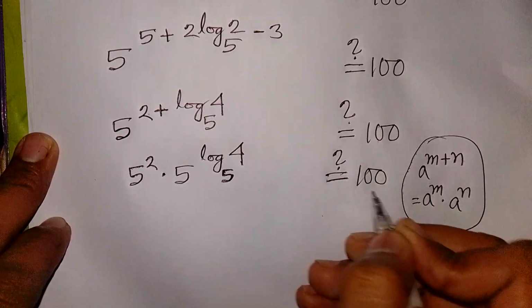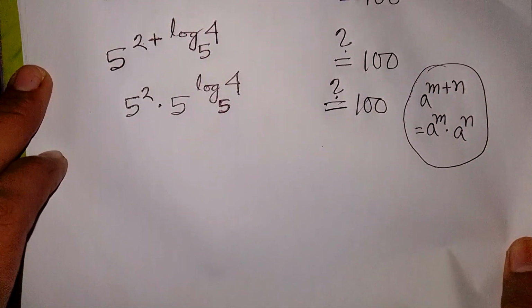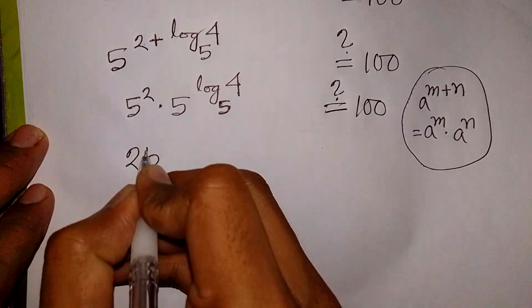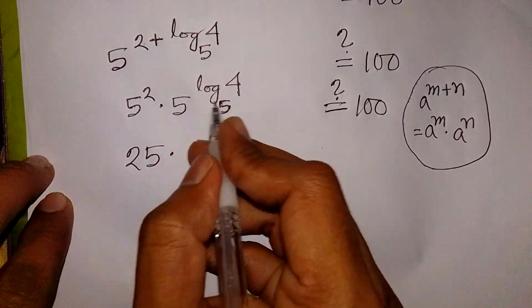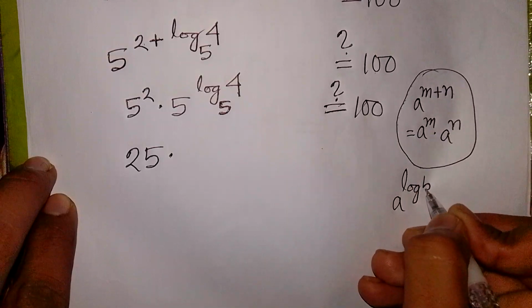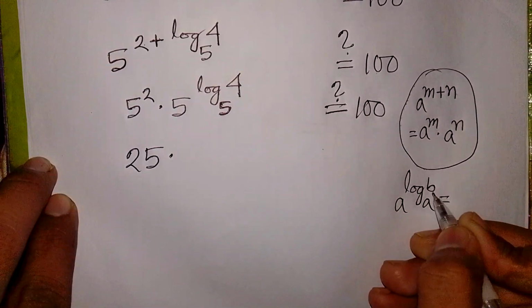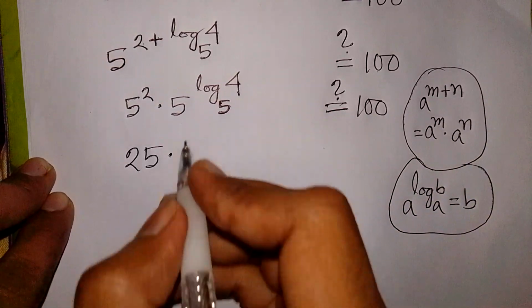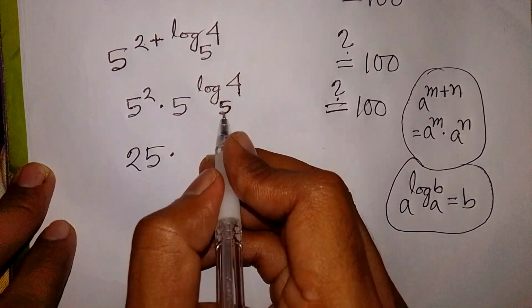Is it equal to 100? We have 5 power 2 is the same as 25 times. Here we apply this rule, a to the power log b base a is equal to b. So 5 to the power log 4 base 5 is the same as 4.